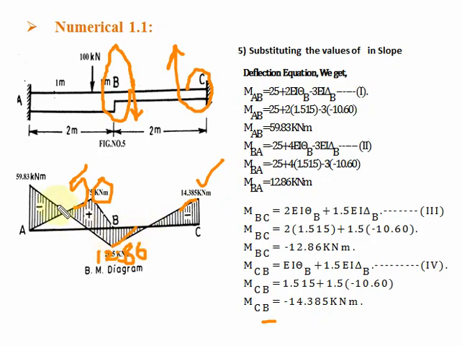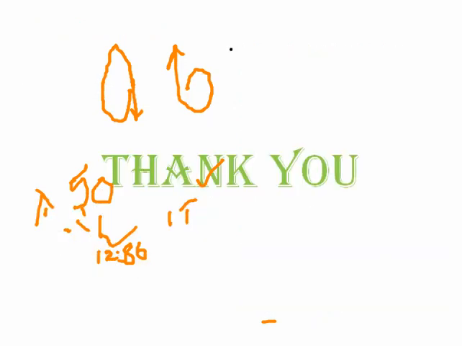These are nothing but your fixed end moments or end moments. Now the portion which does not overlap, you have to hatch. This white portion indicates overlap. So this is about your bending moment diagram. Okay, thank you.